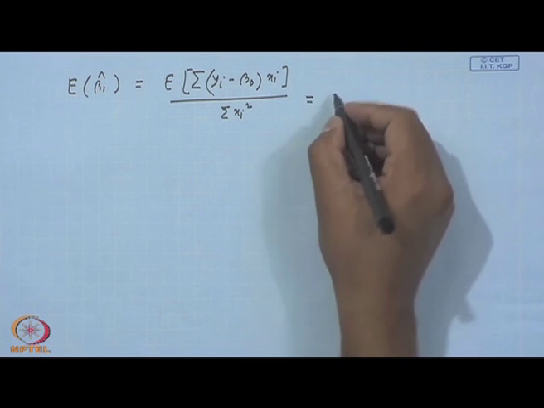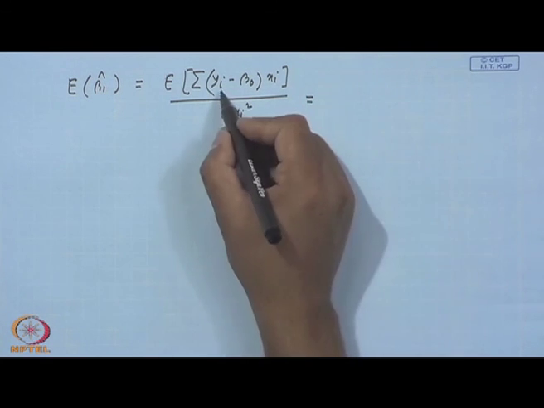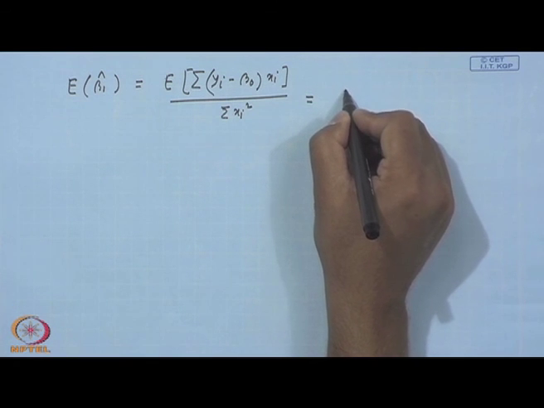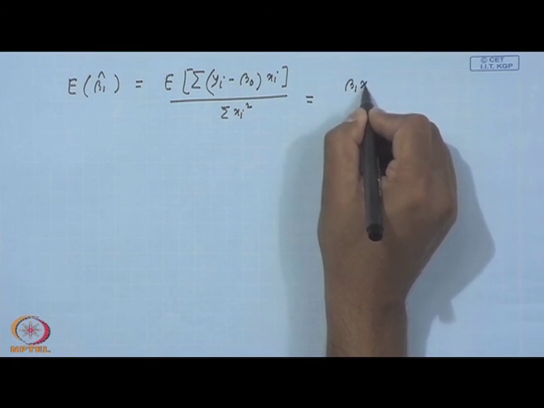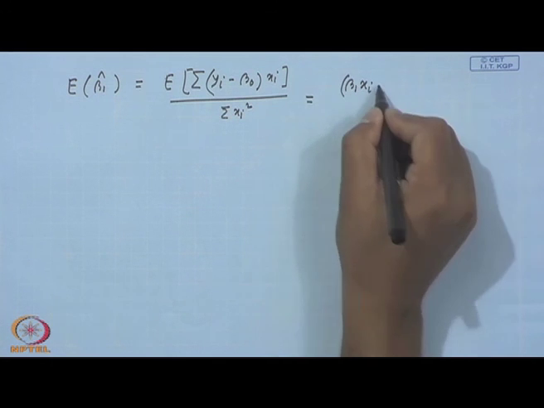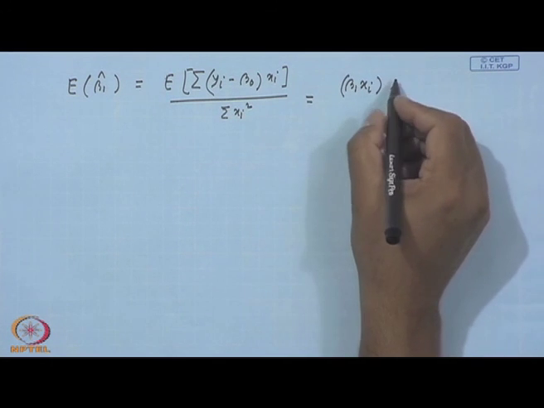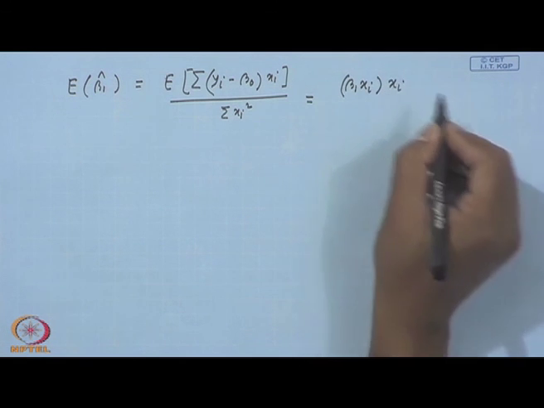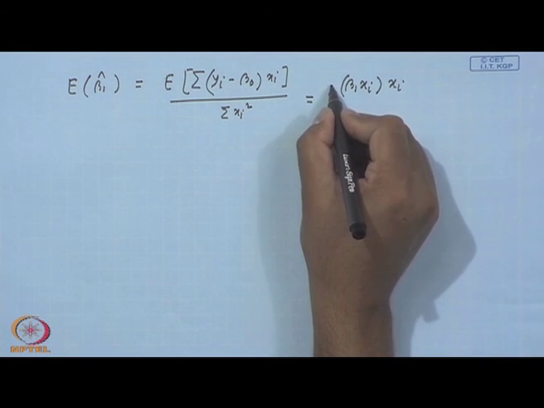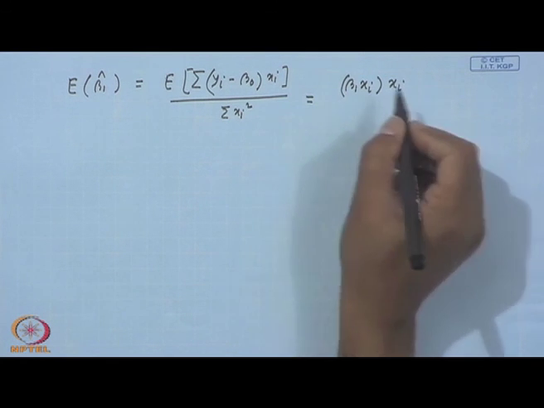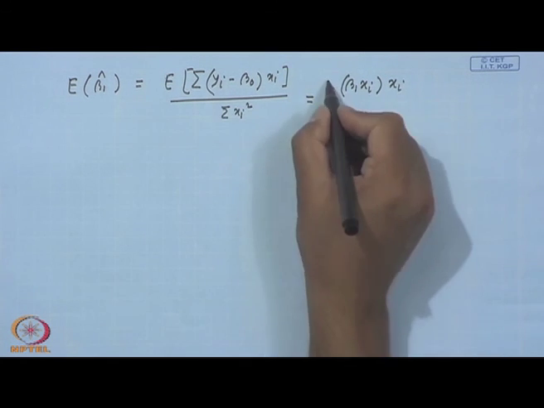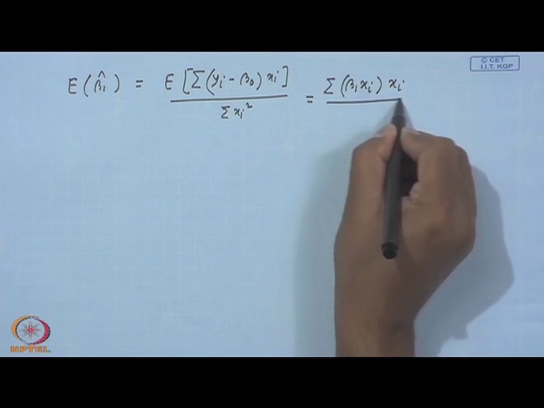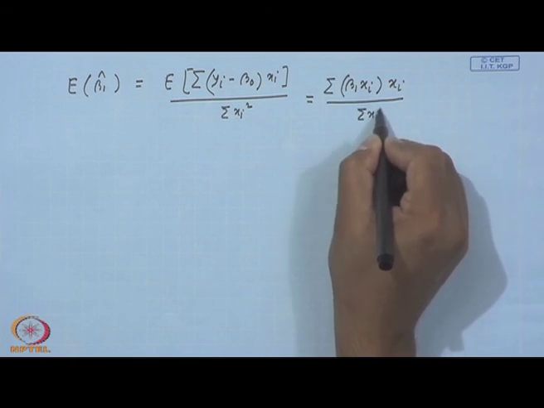And y I minus beta naught is nothing but beta 1 x I, right, from the model you get, into x I. So, you put the expectation inside, right, by summation of x I square.